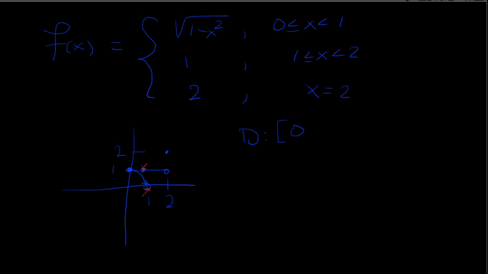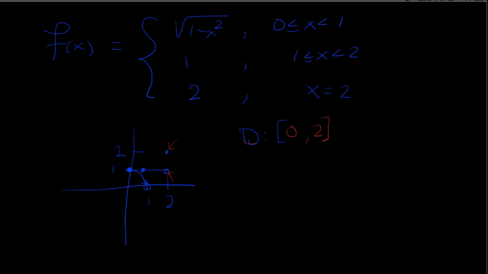So 1 will be included. And we go all the way to 2. So at 2, from the top here, we include it. The bottom we don't. So since we include the top, the domain has to go from 0 to 2. So every value from 0 to 2 will be taken care of. There's a y value for every x value.